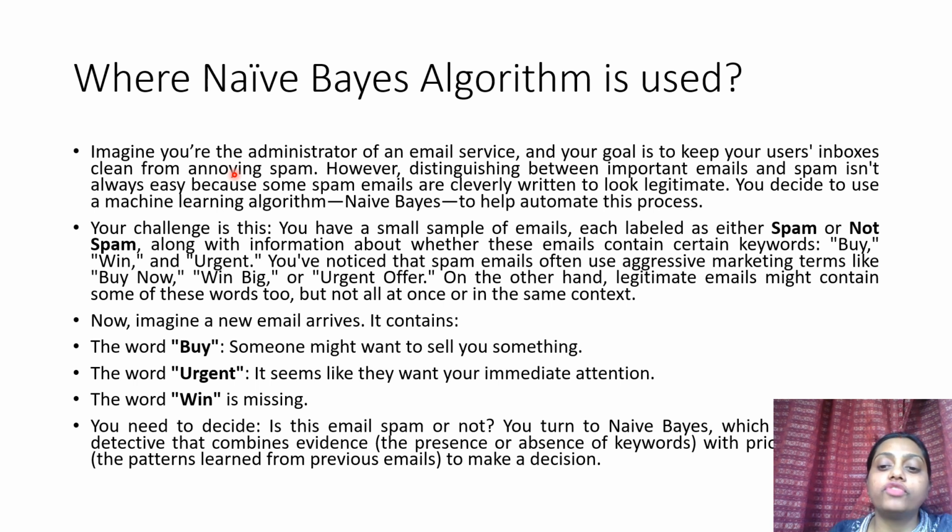What will be the task of the naive Bayes algorithm? It runs in the backend so that when such a new message comes, it will classify whether the message is a spam message or a legitimate message.